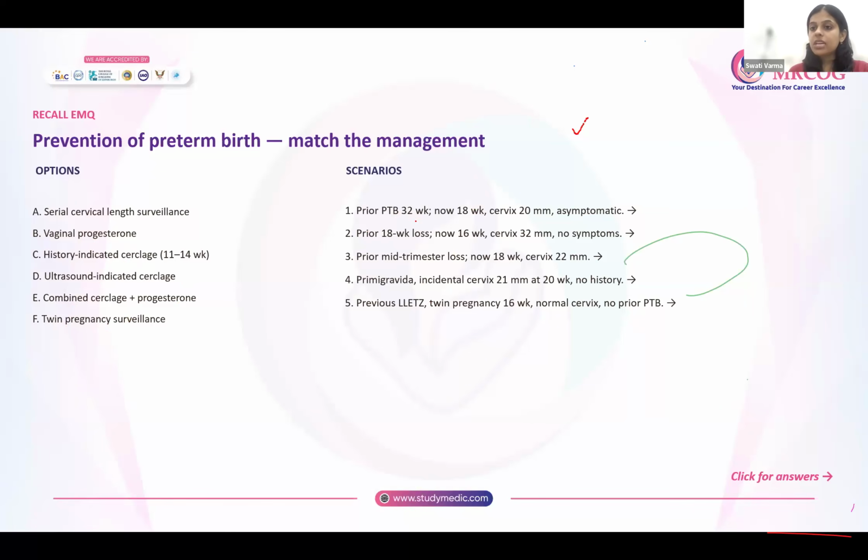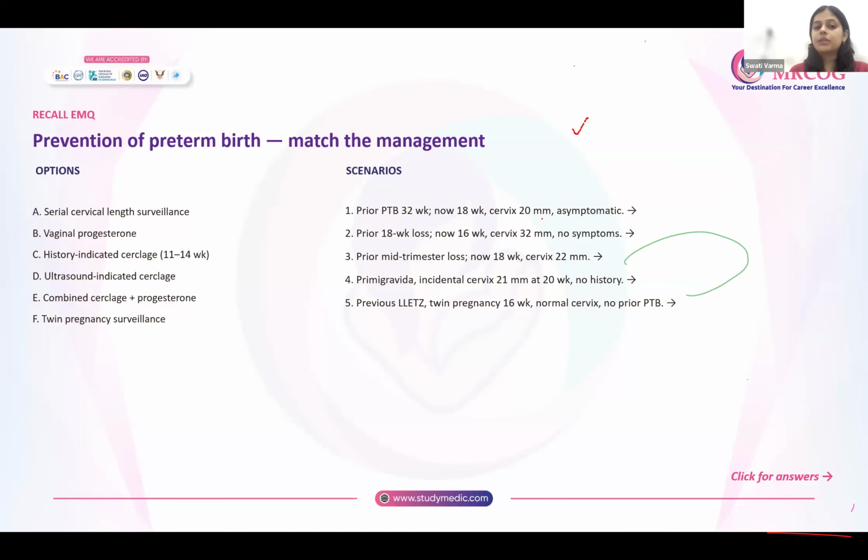That means she has had a mid-trimester loss between 16 to 34 weeks. Now she is 18 weeks and cervix is found to be short, that is 20 mm, although she is asymptomatic. So this lady is fulfilling the criteria for ultrasound indicated cerclage. One preterm birth is there, so history indicated cerclage won't be there.